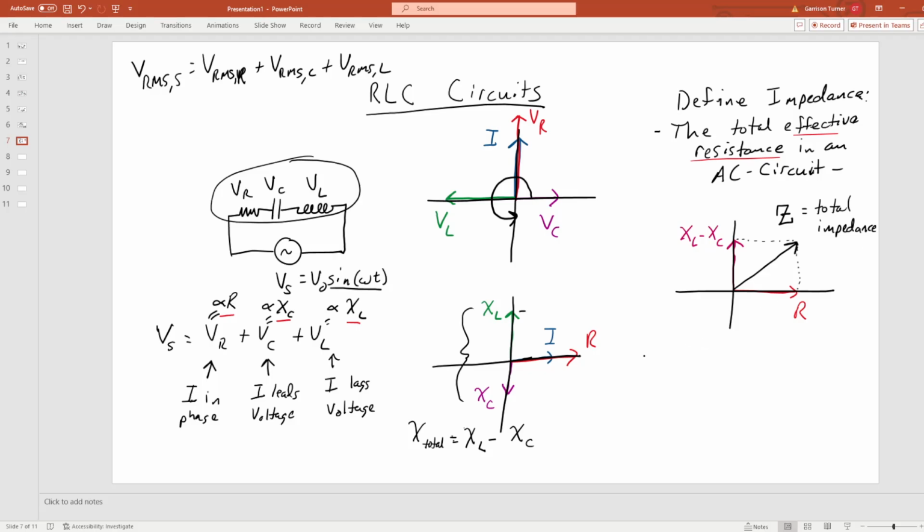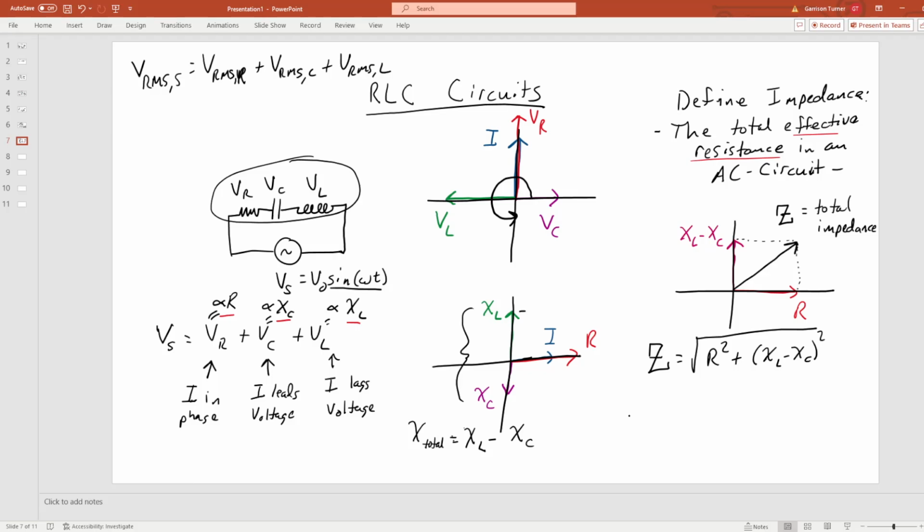Okay, so by this diagram, we can see that Z is equal to the square root of R squared plus chi sub L minus chi sub C quantity squared. Okay?